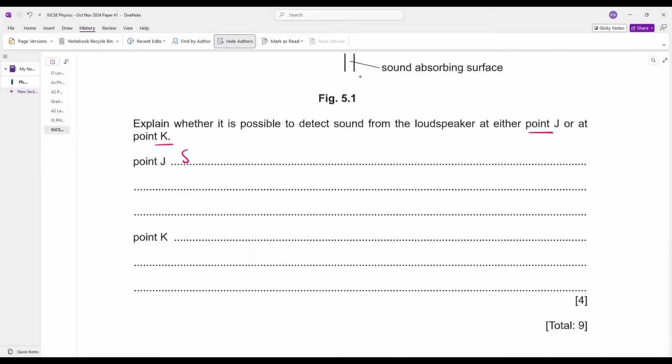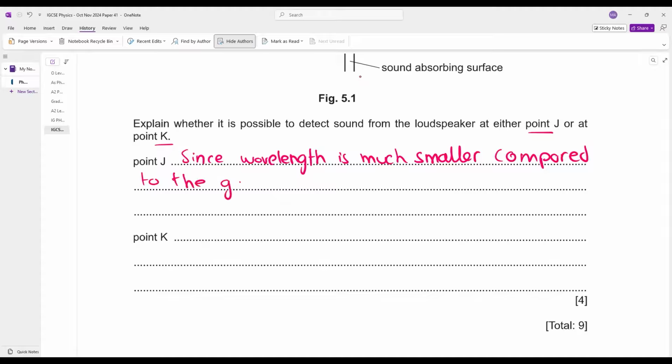You will say since wavelength is much smaller compared to the gap size, little diffraction occurs.